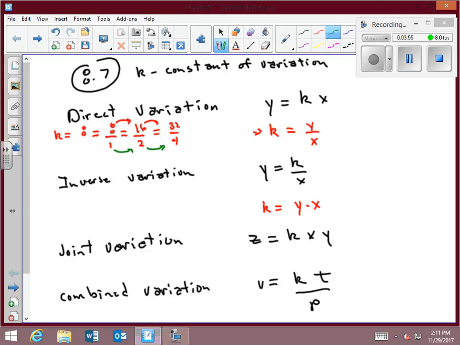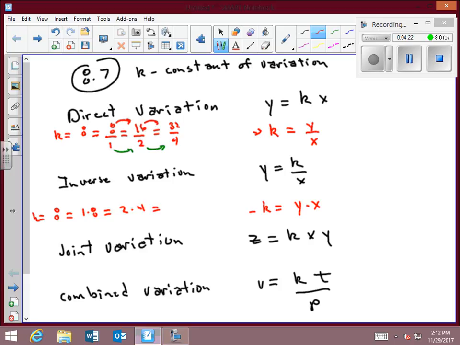That's direct variation. If you had inverse variation, and the constant of variation was 8, then if y were 1, x would have to be 8. If y were 2, x would have to be 4 in order to multiply to 8.